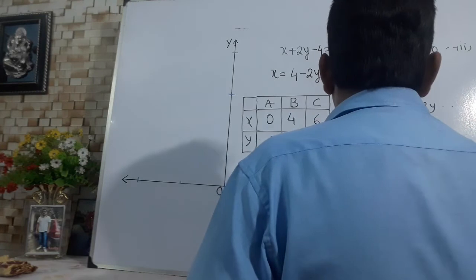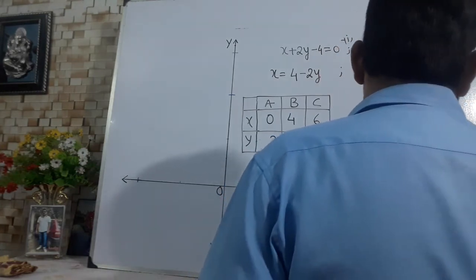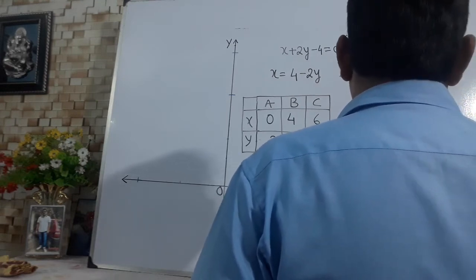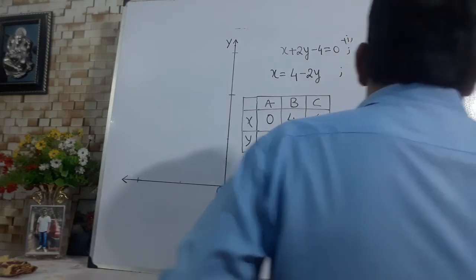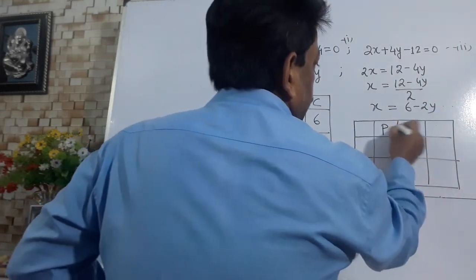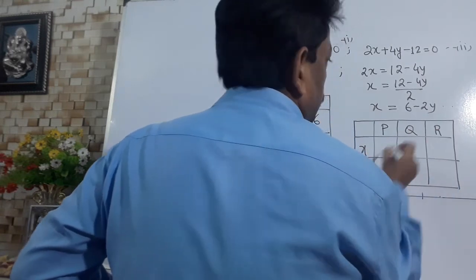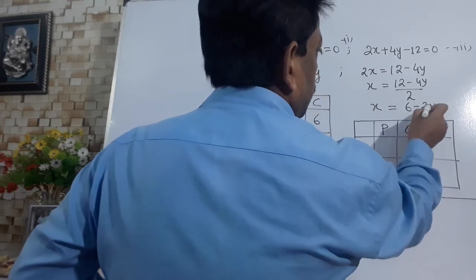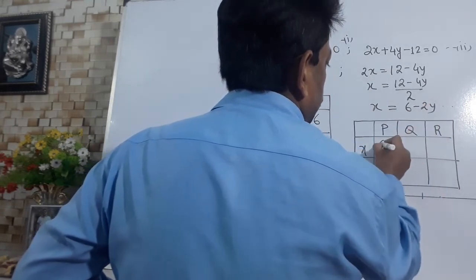Here also, I am taking the points as P, Q, R. X, Y. So if y is 3, then x will be 6 minus 2 into 3, that is 6 minus 6, 0.